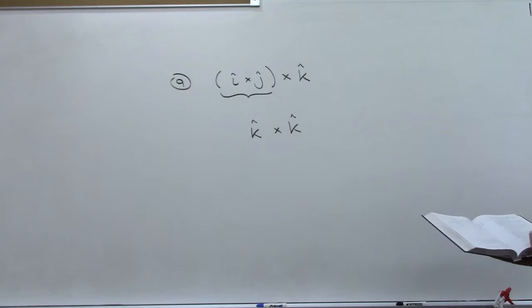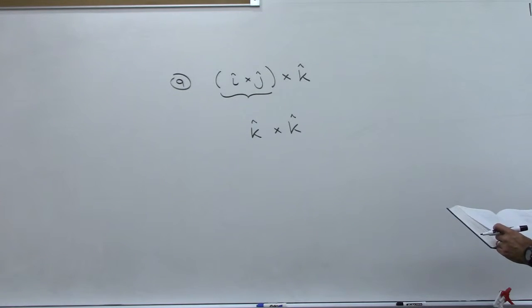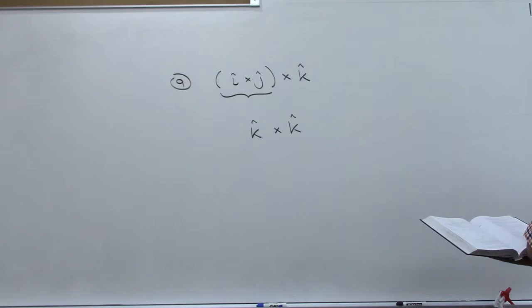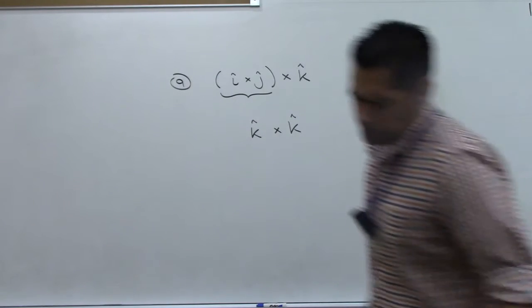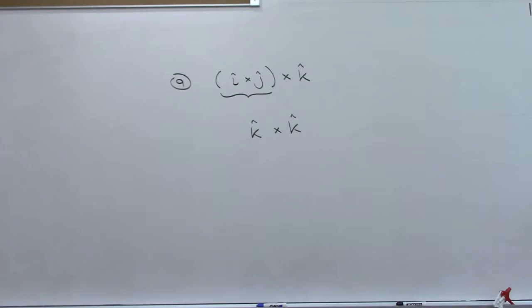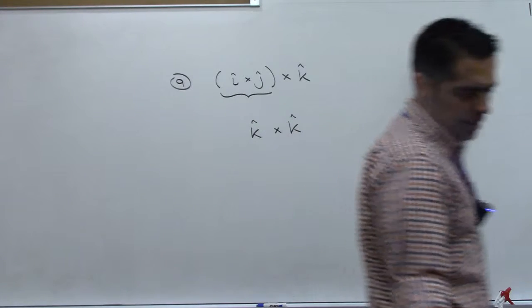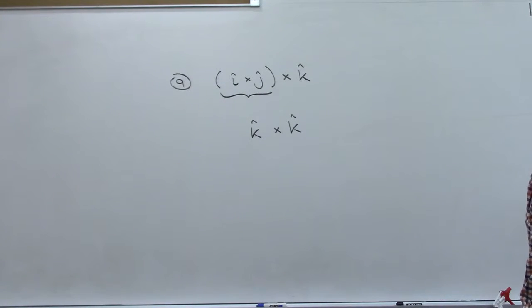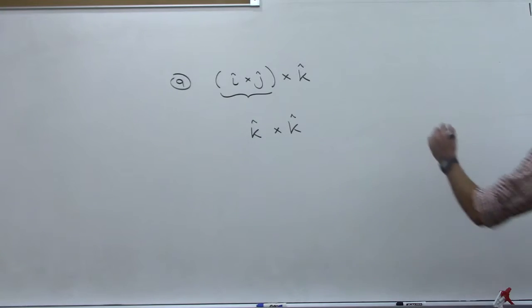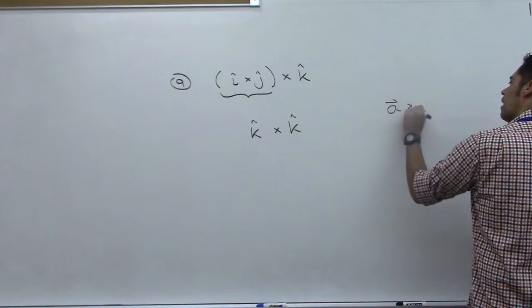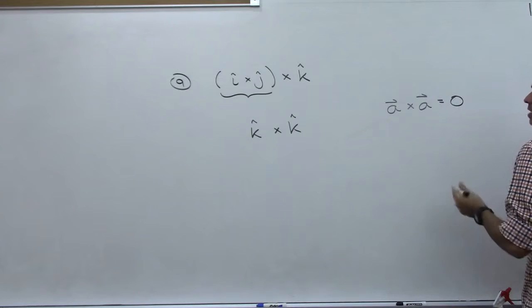They don't have k cross k. Oh, okay. So the property's not listed, but in example 2 on page 559, they show that A cross A is 0 for any non-zero vector.